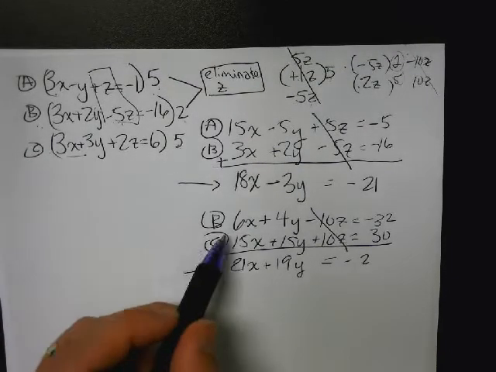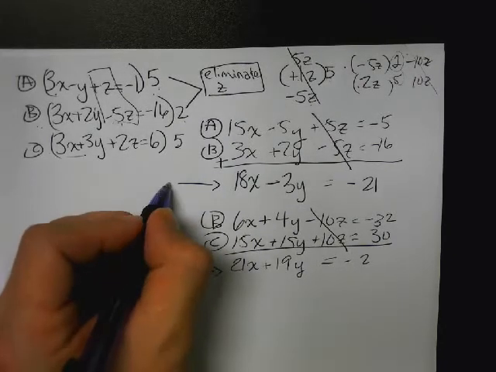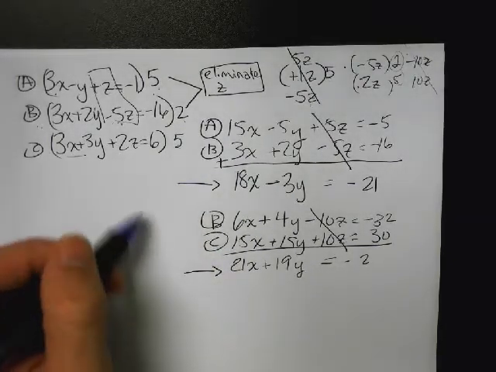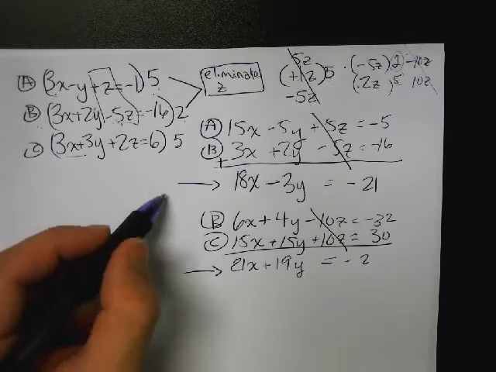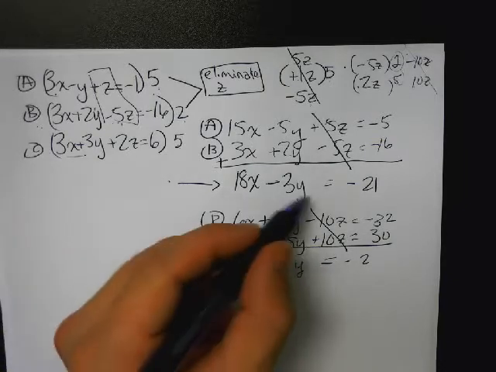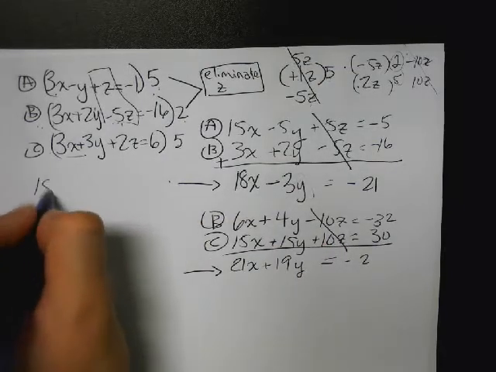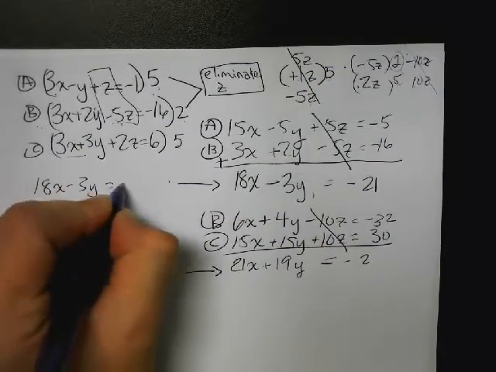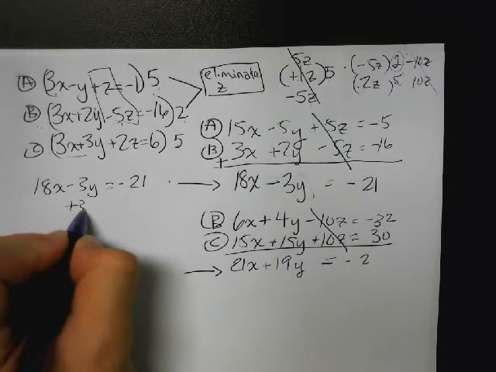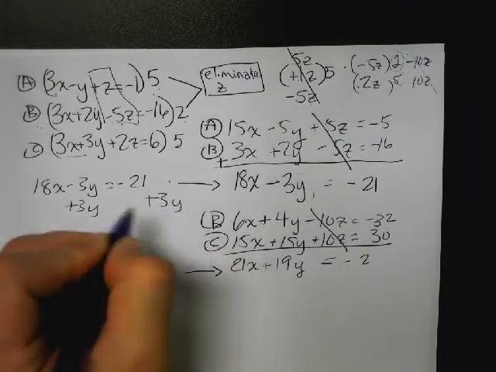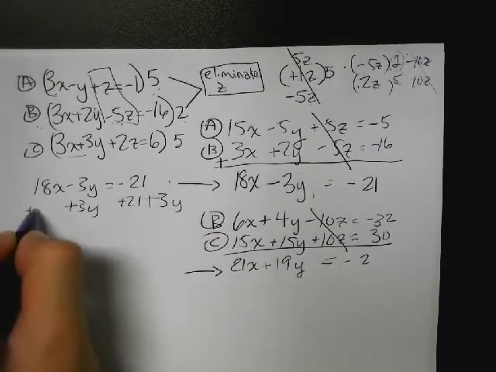The first thing I'm going to do is solve this equation. I can pick either one to solve for either x or y, but I'm going to pick this one, and I'm going to solve it for y. So 18x minus 3y equals negative 21. I'm going to add 3y to both sides. Add 21 to both sides.